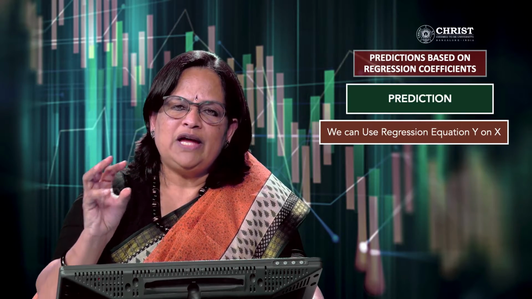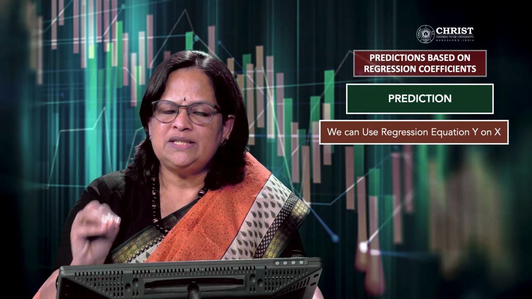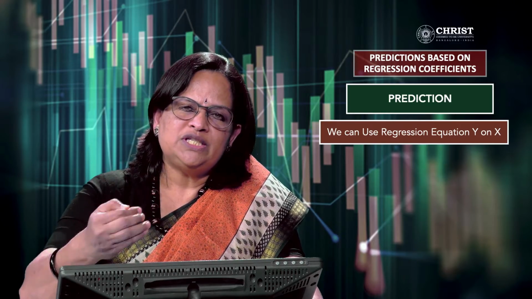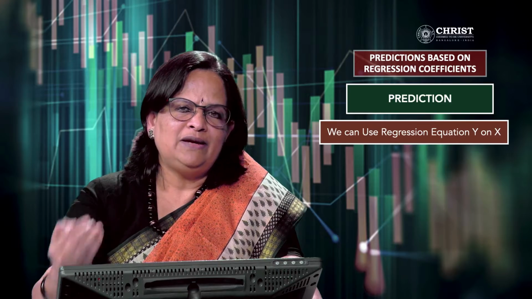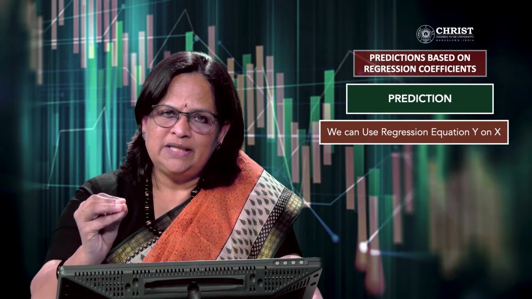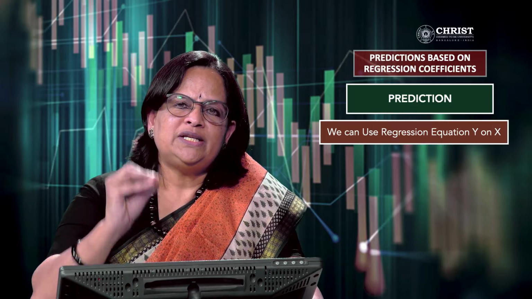We can use the regression equation y on x, because we had to find the advertisement budget for a target sales of 1 lakh. Here we have omitted the zeros, which is why we take it as 100. In the final answer we will multiply back the zeros we omitted. Please remember that the sales value is taken as x and the advertisement value as y.